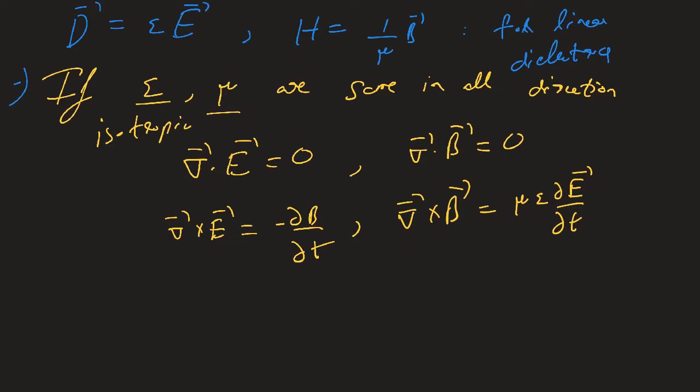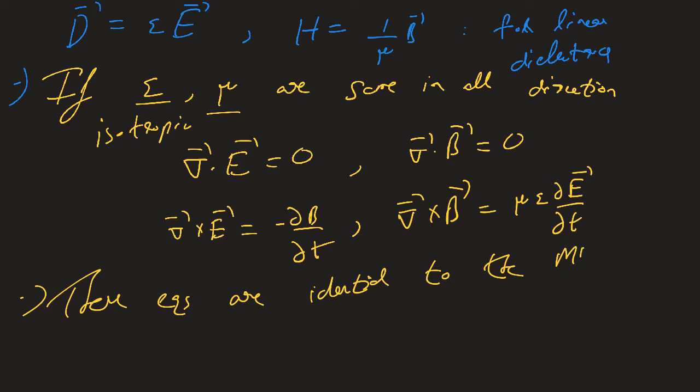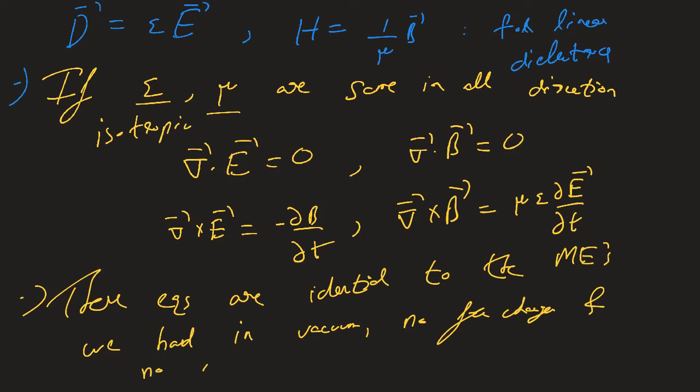So we've taken the Maxwell equations inside a material, and we've said that for an isotropic material, they just reduce to these 4 equations we have here now, right? And these equations are identical to the Maxwell equations we had in vacuum with no free charges and no free currents, right?